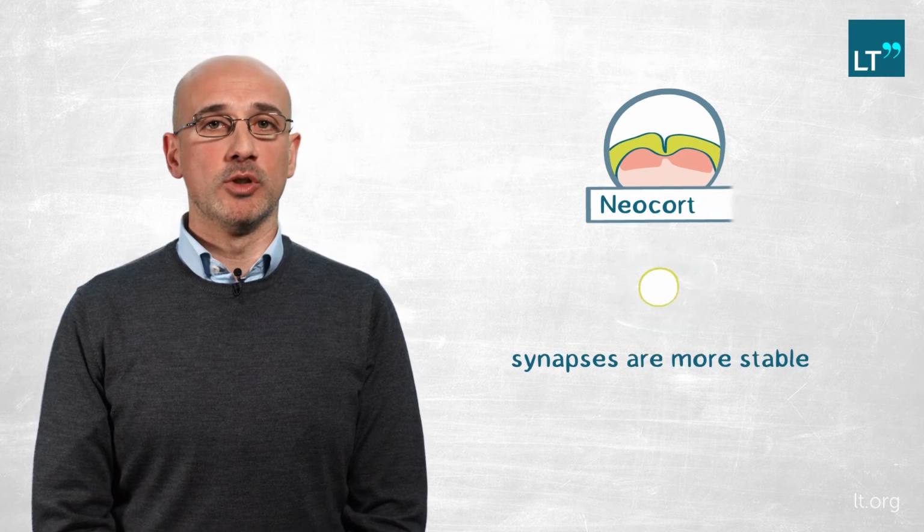Additionally, we were able to compare our dataset with datasets acquired from other labs in neocortical areas. This has been very important because the neocortex is supposed to store information for the long term. And indeed, in the neocortex, it has been shown that synapses are much more stable.